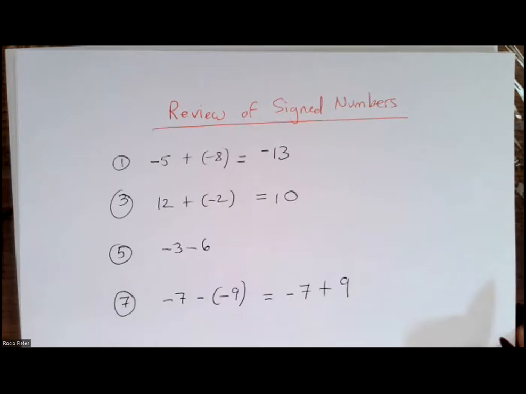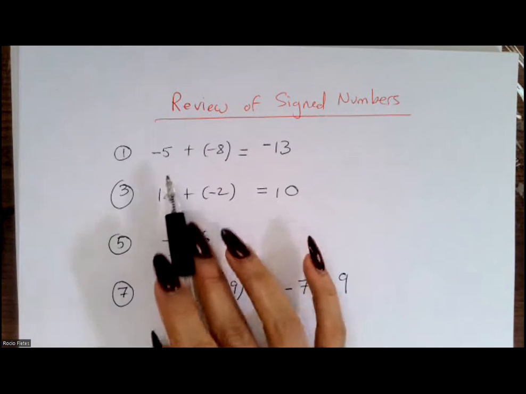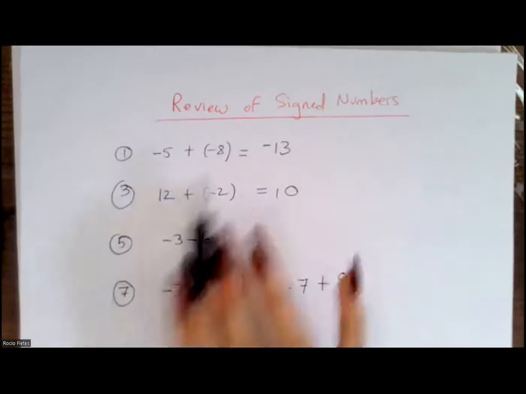Okay, so how do you deal with signed numbers, right? Well, numbers of different signs. Of course you can use your calculator, but if you want to perform these operations by hand, you read this from left to right. You have -5 plus a -8.